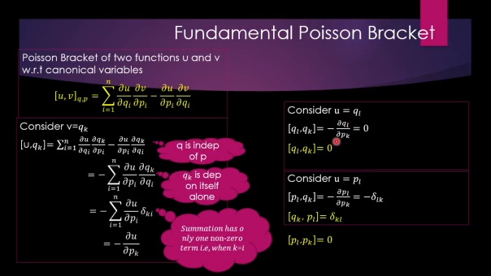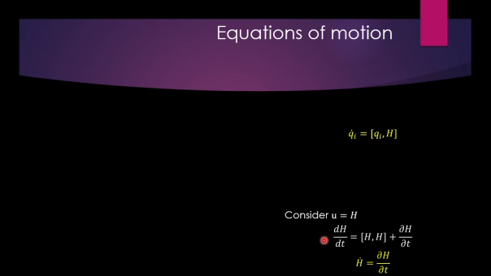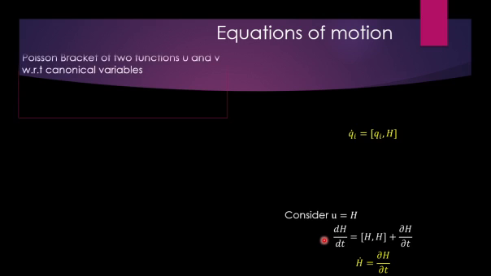So substituting with pl, you will get pl comma pk equal to 0. This one you can do yourself and obtain the third fundamental Poisson bracket as well. The next thing we are going to see is the equation of motion.